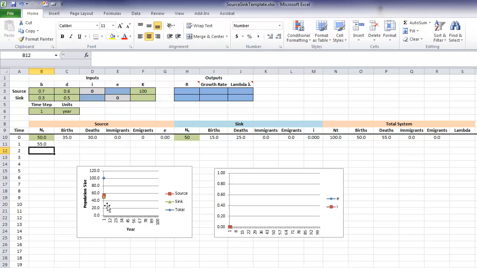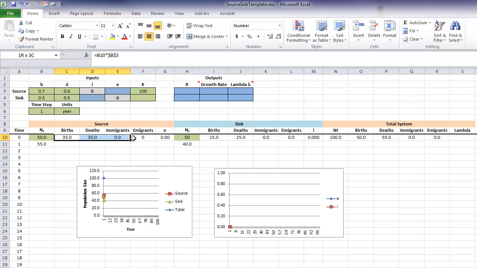And you can see that the graphs we've pre-set up for you are starting to be filled in here. For the sink, it's the same thing. We start off with the number of individuals, and now we're going to add the births, add the immigrants, subtract the deaths, and subtract the emigrants.